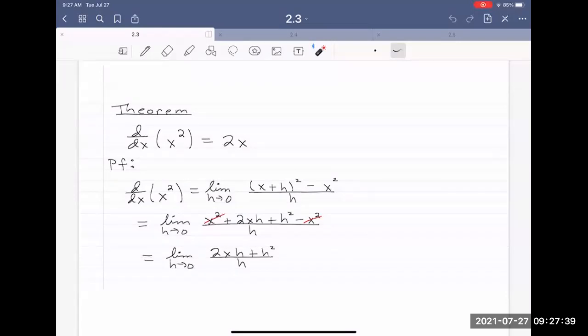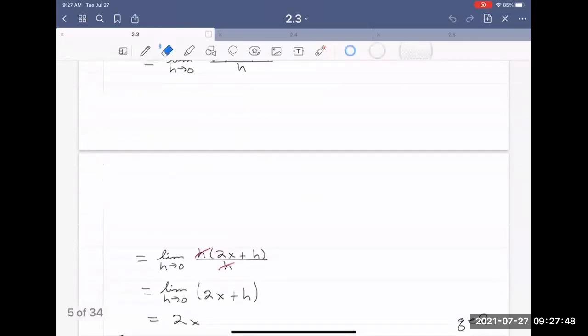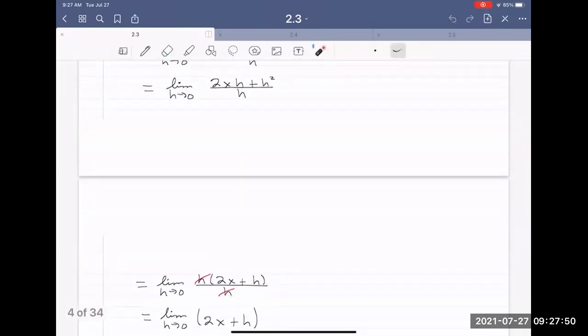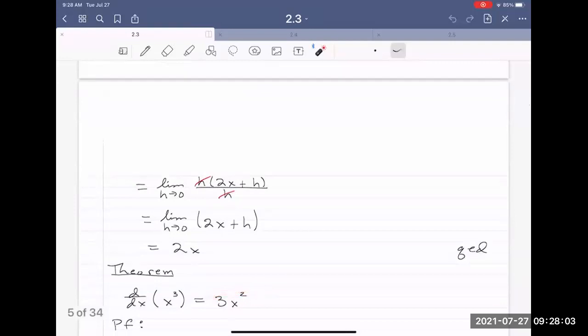I can factor an h from each of these terms in the numerator. And so this is just equal to the limit as h approaches 0 of h times the quantity 2x plus h divided by h. The h's cancel. So I just have the limit as h approaches 0 of 2x plus h.